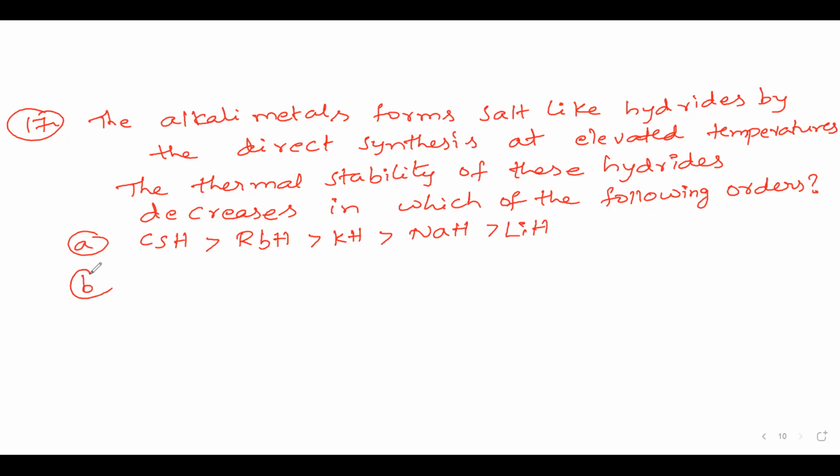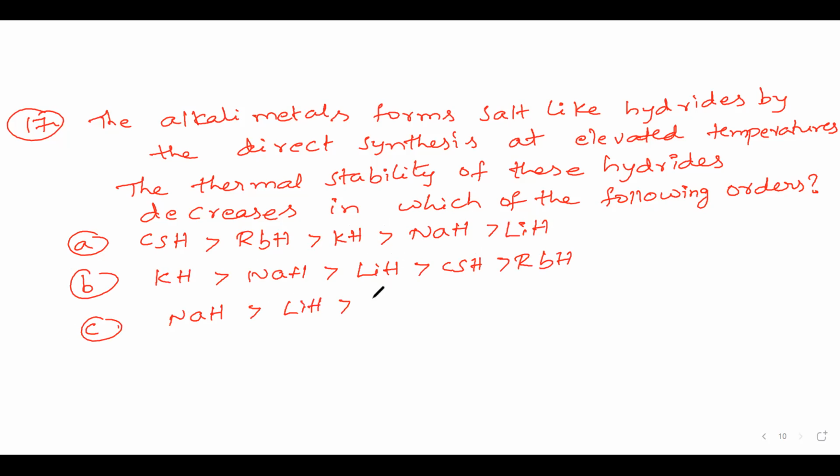Option B: potassium hydride greater than sodium hydride greater than lithium hydride greater than cesium hydride greater than rubidium hydride. Option C: sodium hydride greater than lithium hydride greater than potassium hydride greater than cesium hydride greater than rubidium hydride.